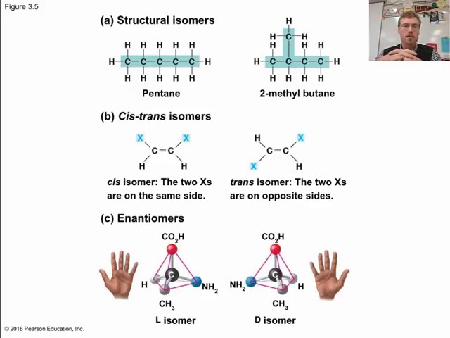Now, it's not super important to me that you know all of these specific types of isomers. It's much more important to me that you just know overall that there are isomers. And the reason why it's important is that molecules, again, when they have different structures, they have different functions. So, for example, back in the 50s and 60s, there was a medication that was given to women for morning sickness, and one of the enantiomers of that actually did help with morning sickness.